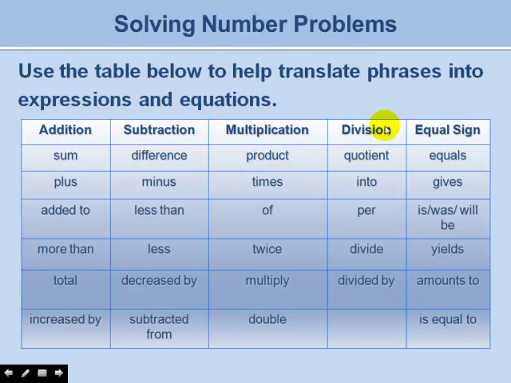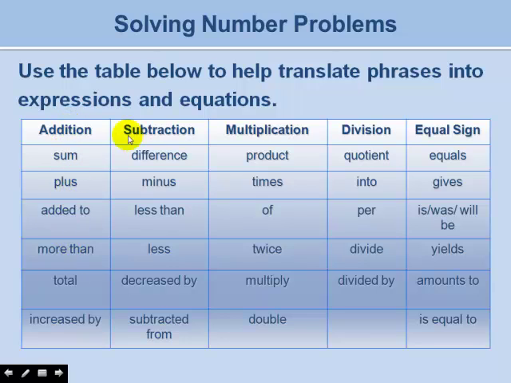Now the next type of problem we're going to look at is a number problem. And for this, we will have to do a lot of translating from words and phrases into expressions and equations. So this table gives you some ideas of different words that translate into the 4 operations and into equals.